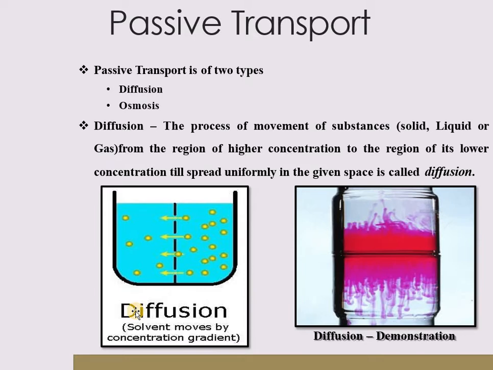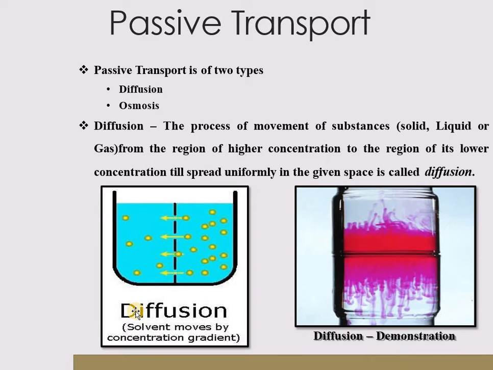Now we talk in this slide about the different ways by which transport of materials happens in the cell membrane. It can be in various ways, like active transport or passive transport. First we talk about passive transport. Passive transport is of two types: diffusion and osmosis.